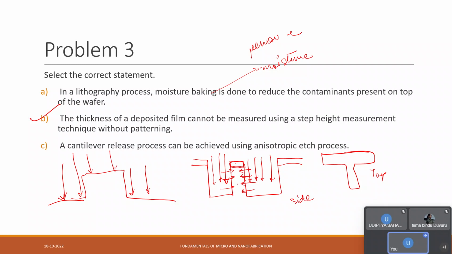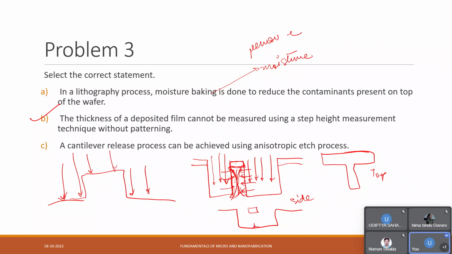For that horizontal etching, we need something that can etch isotropically, and eventually it will release the cantilever so it is floating.